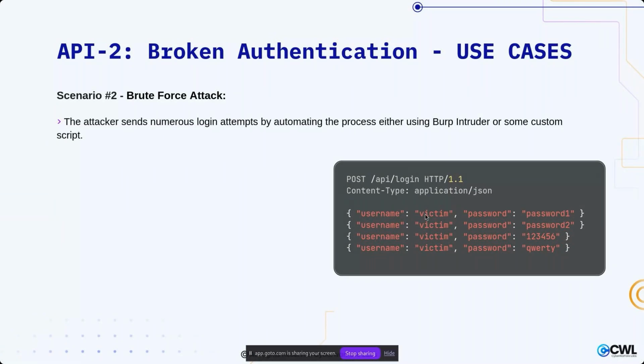If we don't, we also have to select the victim field as a payload. Then we have the password. As we can see, we are making 4 requests here, with the victim, and the password is password. Maybe one password will be true, or no luck.